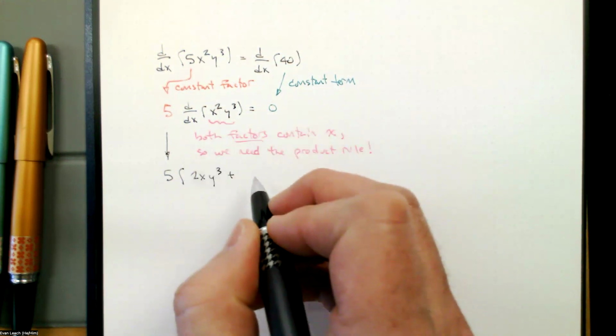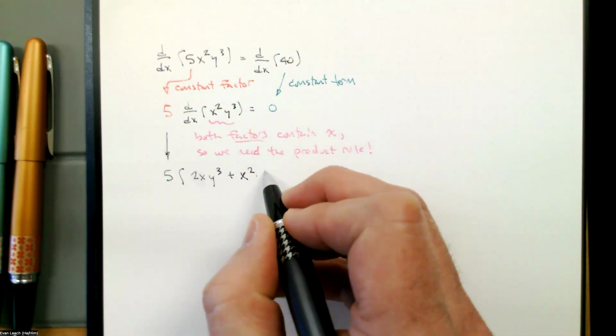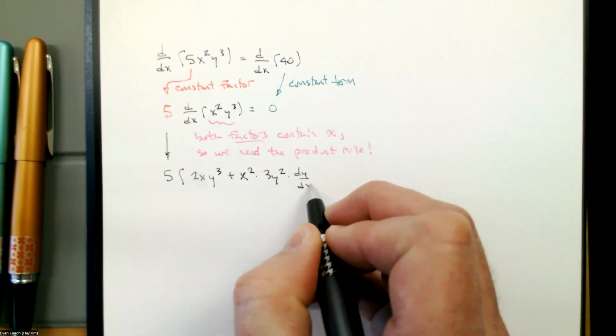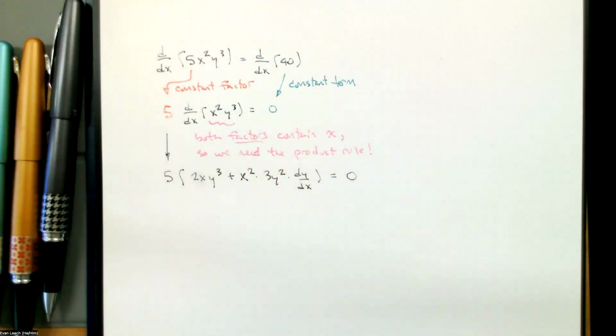Plus the first. Times the derivative of the second. So we're looking at the first as x squared and the second as y cubed.